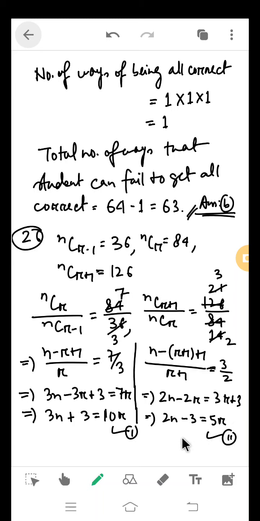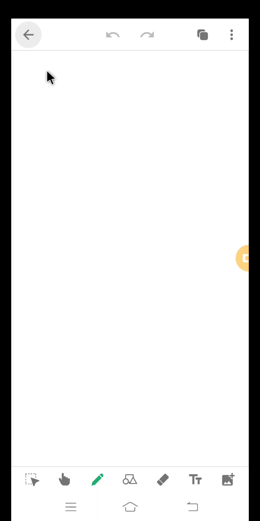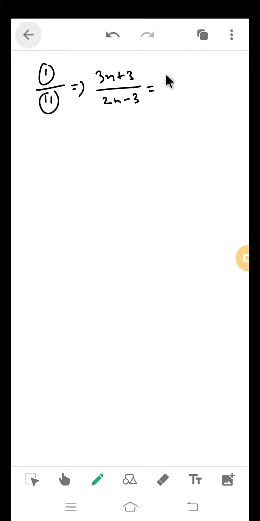So take the ratio 1 by 2. If you take the ratio 1 by 2, 3n plus 3, 2n minus 3. So this is 10r and 5r. So cancel it. 2 is there.